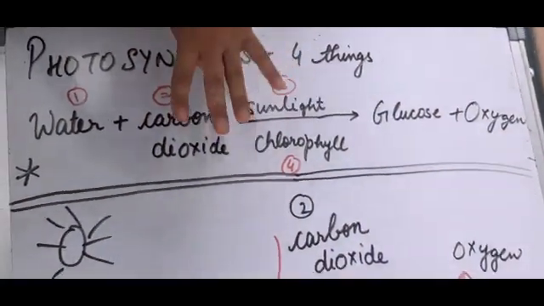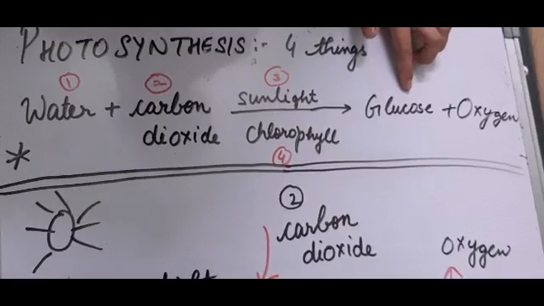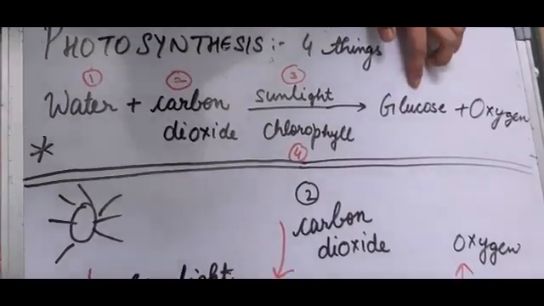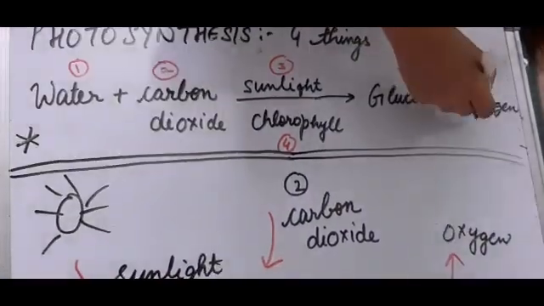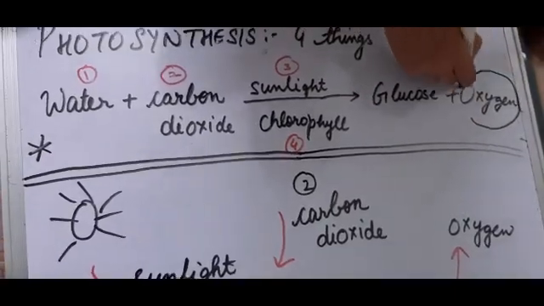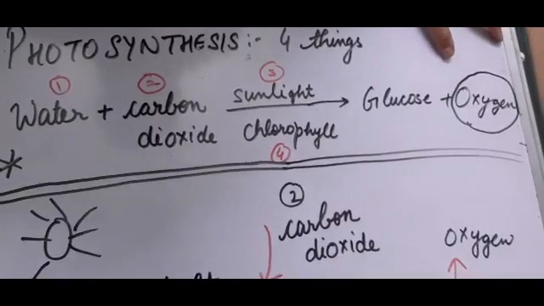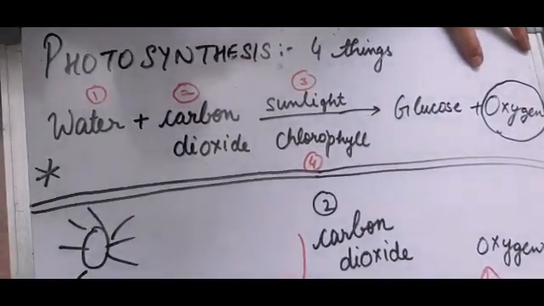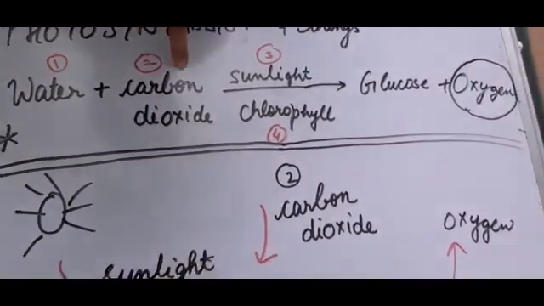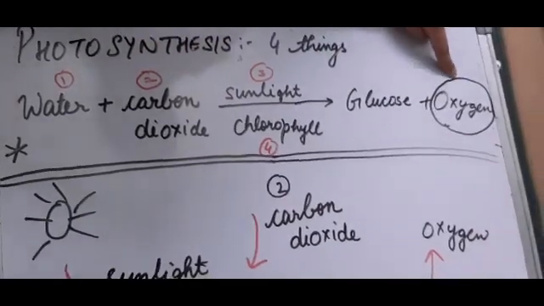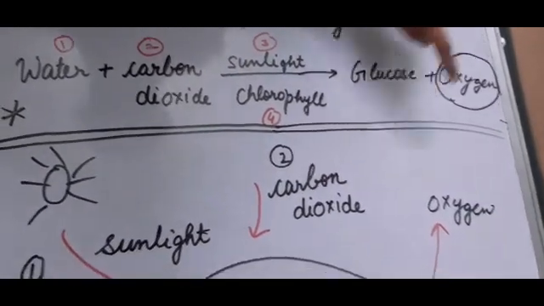Now what is made is the food. So food means glucose is made. And remember, this waste is oxygen which is given out. Actually for the plant, oxygen is a waste, but for us oxygen is not a waste. So plants take in carbon dioxide and give out oxygen during photosynthesis.